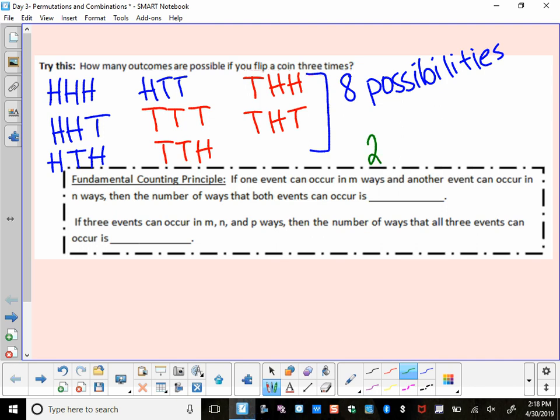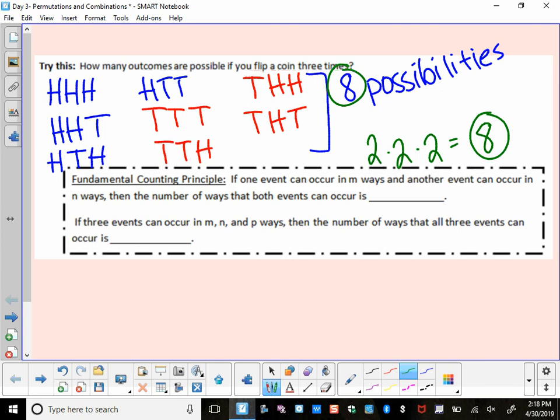And I'm flipping it how many times? So I flip it 1 time, again, and again. I have 2 options all 3 times, right? 2 times 2 times 2. So I have 8. Do we see how these are the same? Okay, so that's what we're doing.